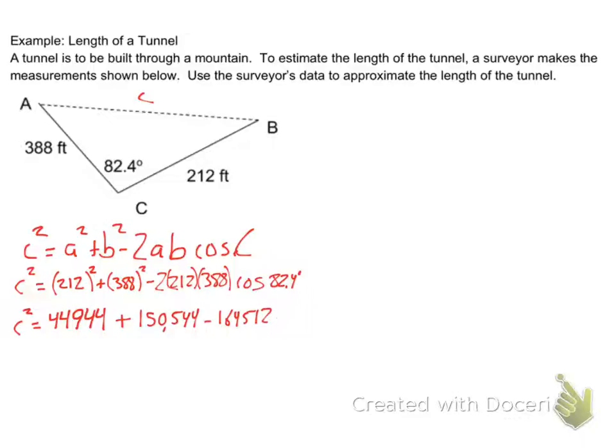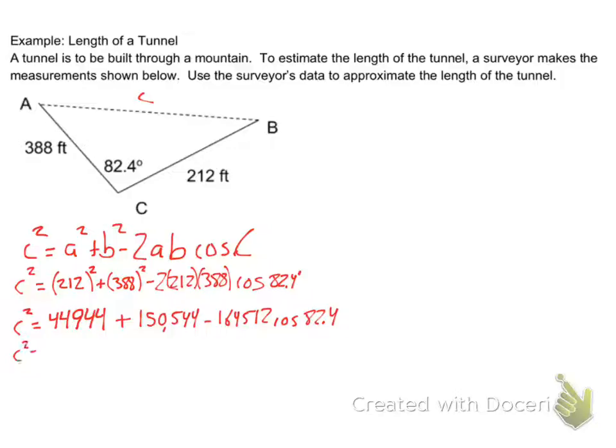And then that is multiplied by cosine 82.4. At this point, I'm going to add the 44 and the 150,000, and then also multiply the 164,000 by cosine 82.4. Is that okay?